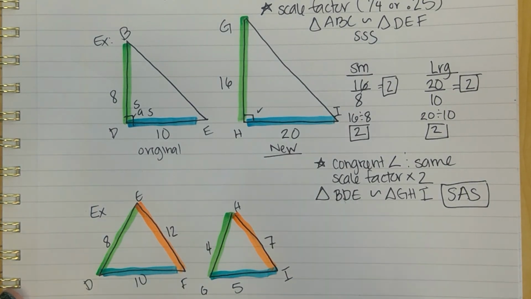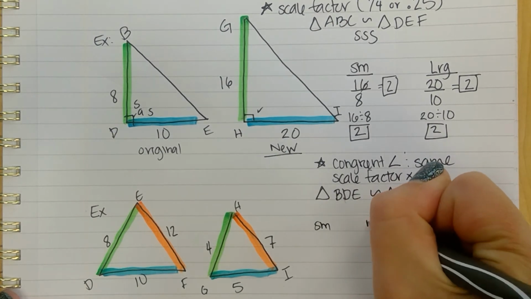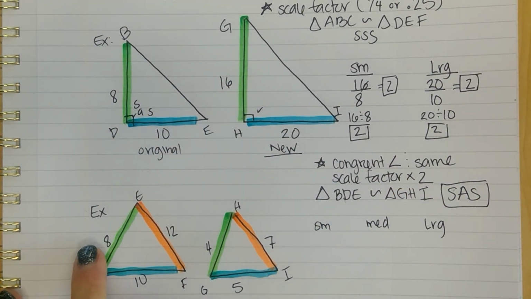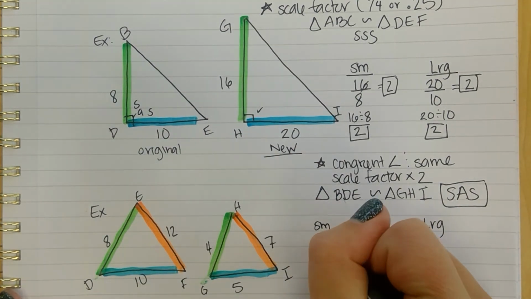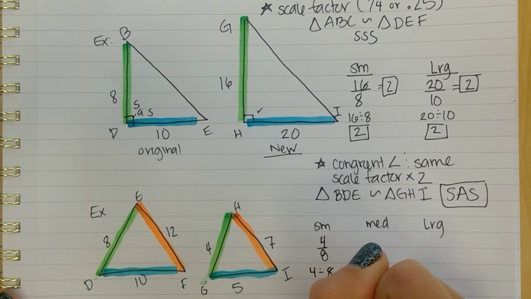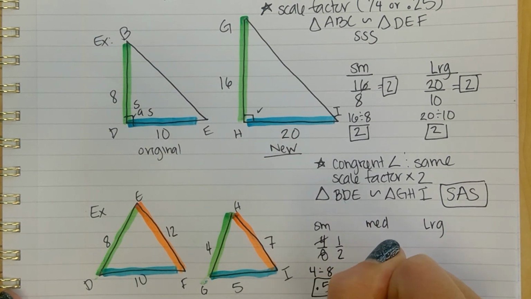So what you're going to see when we check the scale factor, when we're looking at the 3 sides, my new small to my original small is 4/8. 4 divided by 8 is 0.5, or that reduces to 1/2.